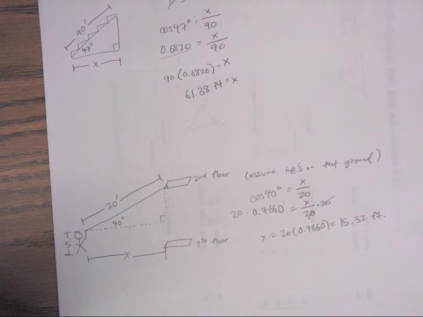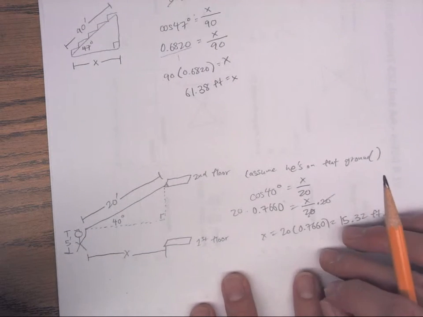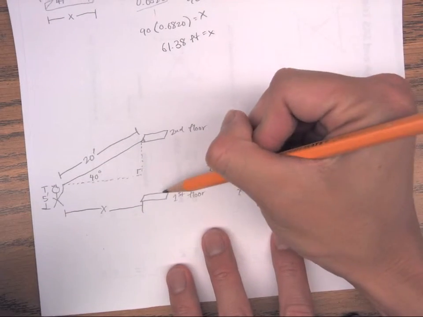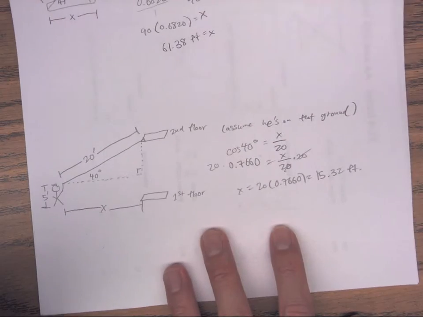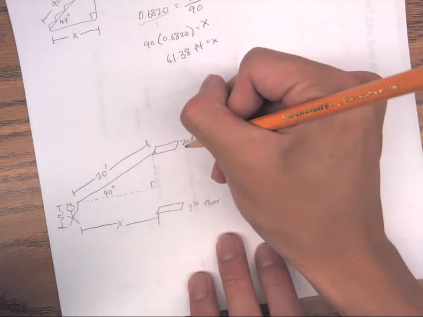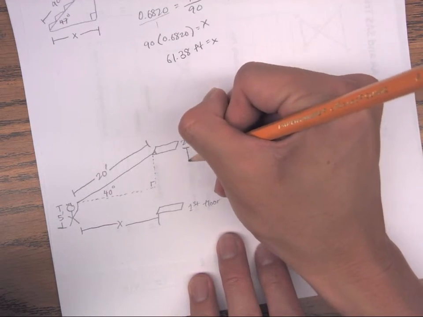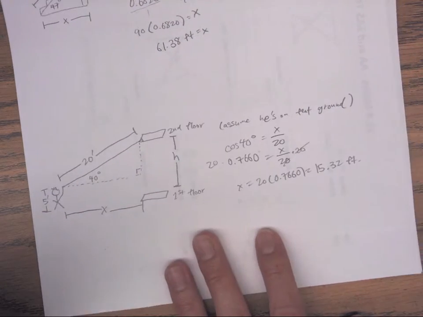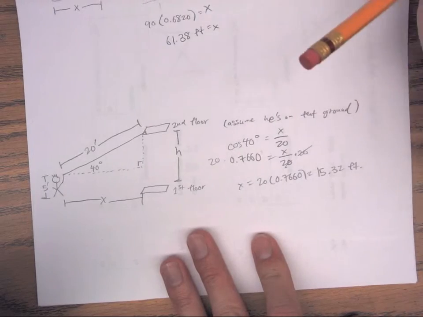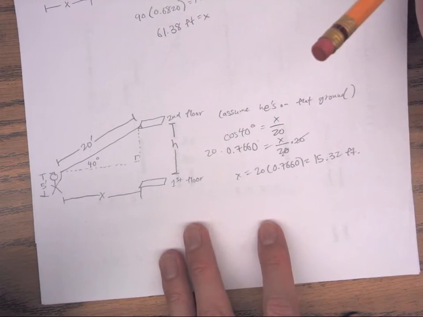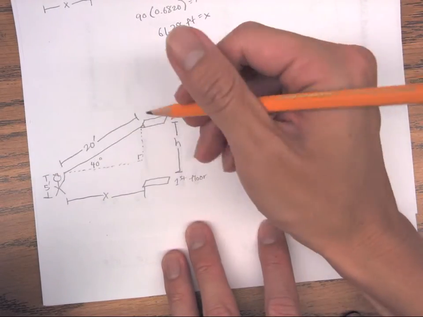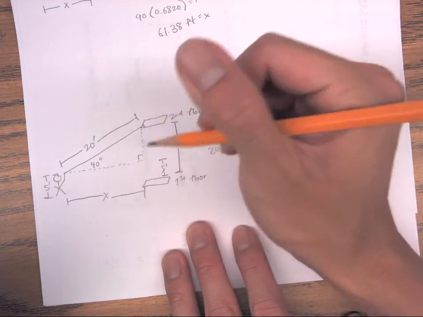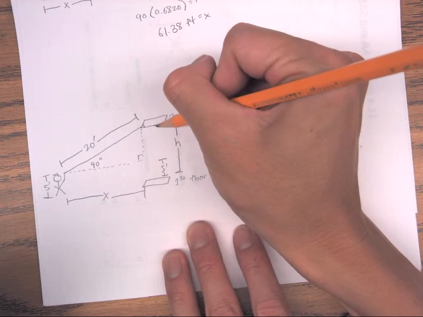Now the trickier one. Let's say now we wanted to find the height between the first floor and the second floor. We want to solve for h now. If we want to do this, we're assuming that he's 5 feet tall, so we need to solve for this unknown length.